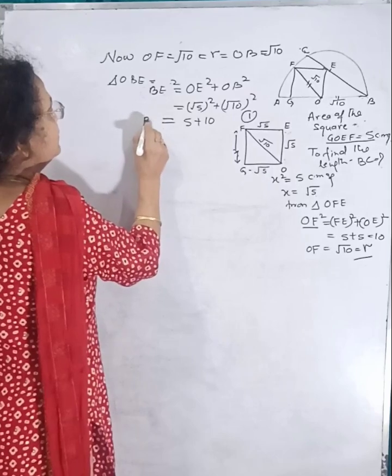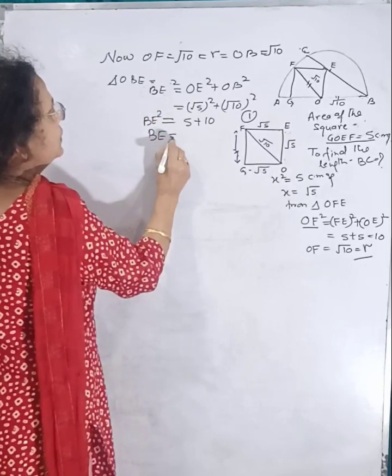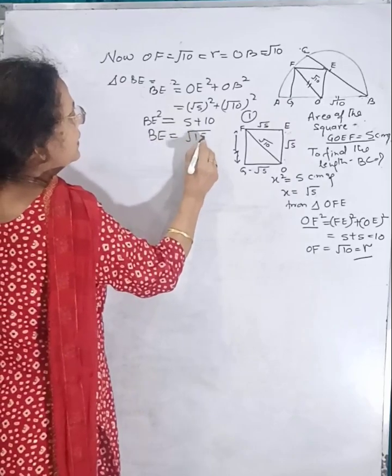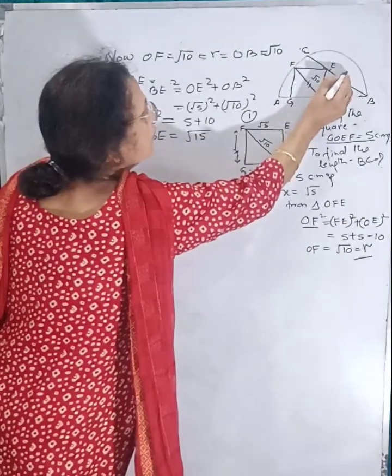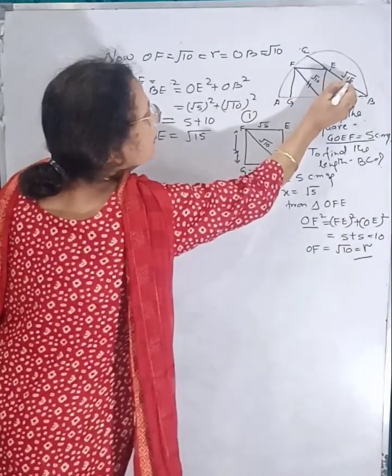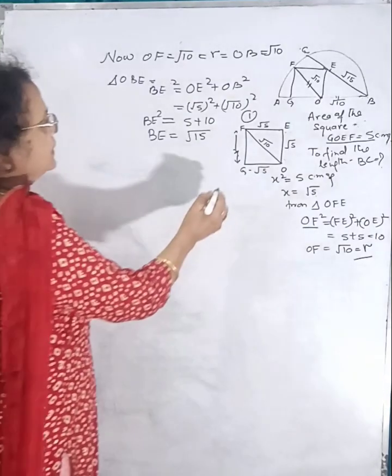It means BE will be equal to root of 15.